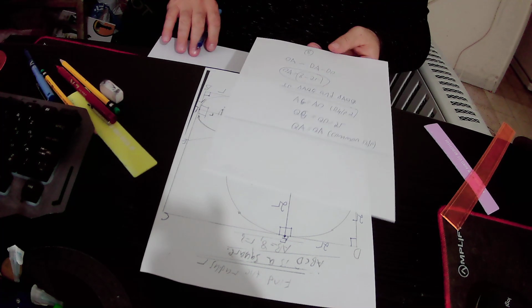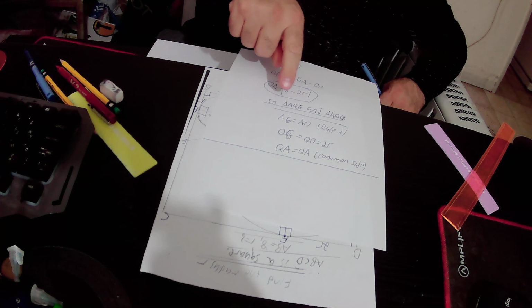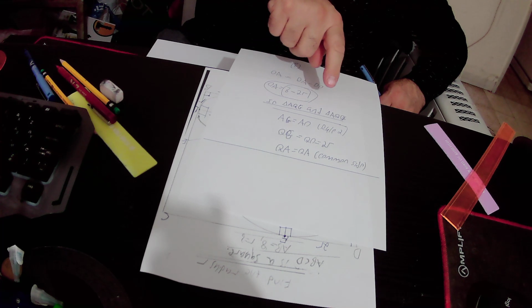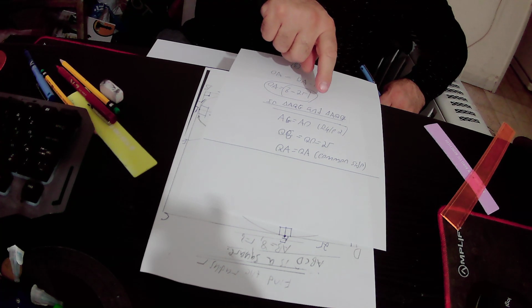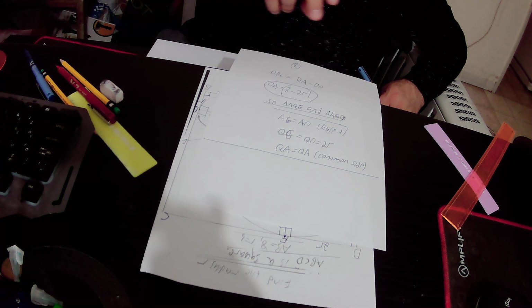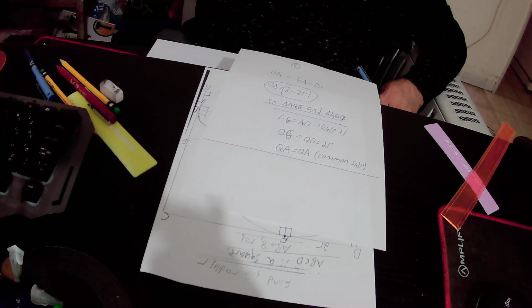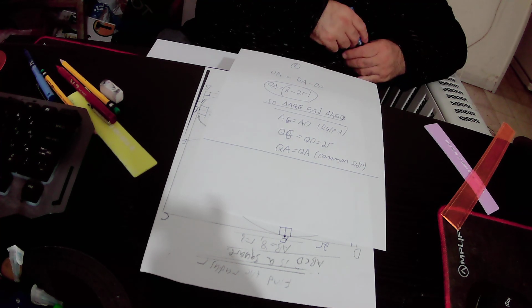So we actually proved that three sides of the right triangle AQG are correspondingly equal to the three sides of the right triangle AQO. Therefore, the right triangle AQG is congruent to the right triangle AQO according to side rule.